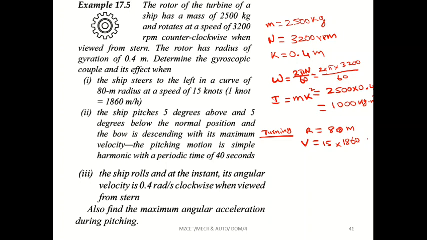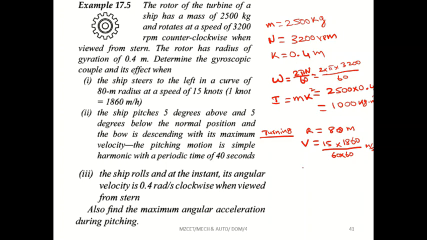So you will get the answer as meter per hour, but we have to convert it into meter per second. So divide this answer by 60 into 60, and you will get the answer in meter per second.